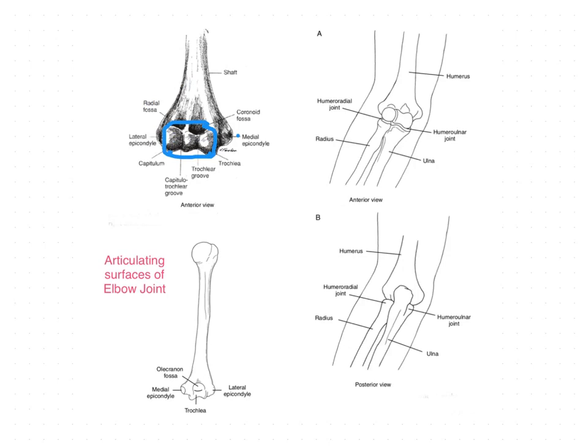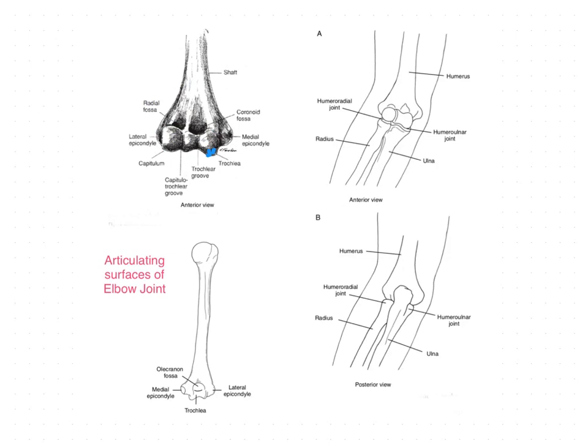Here the trochlea forms the humero-ulnar articulation. The trochlea takes part in the humero-ulnar articulation, and it sets an angle on the medial aspect of the distal humerus and lies slightly anterior to the humeral shaft.